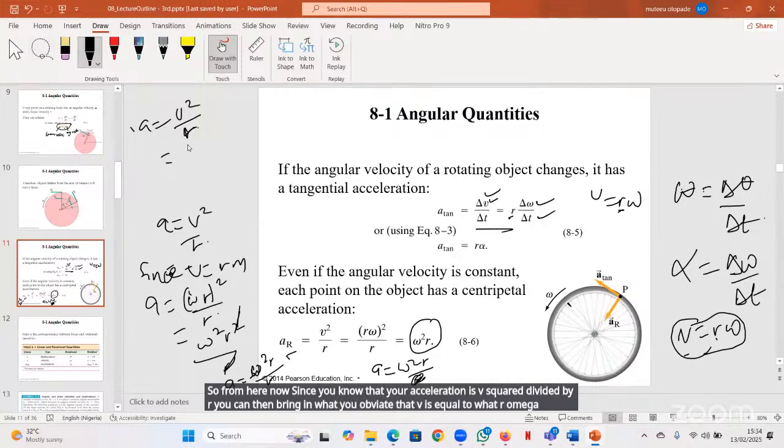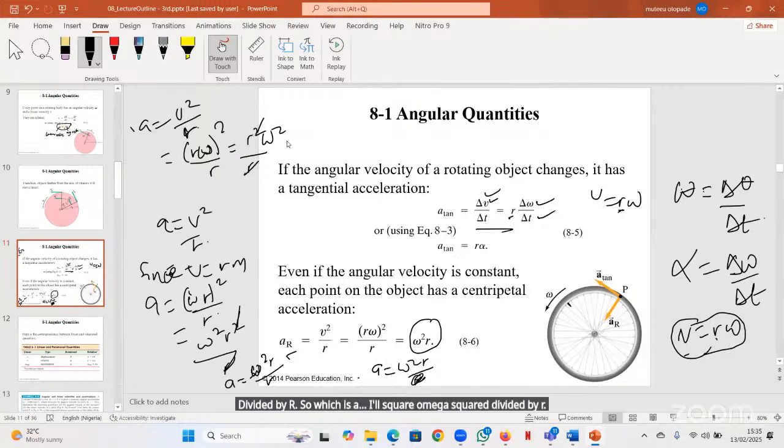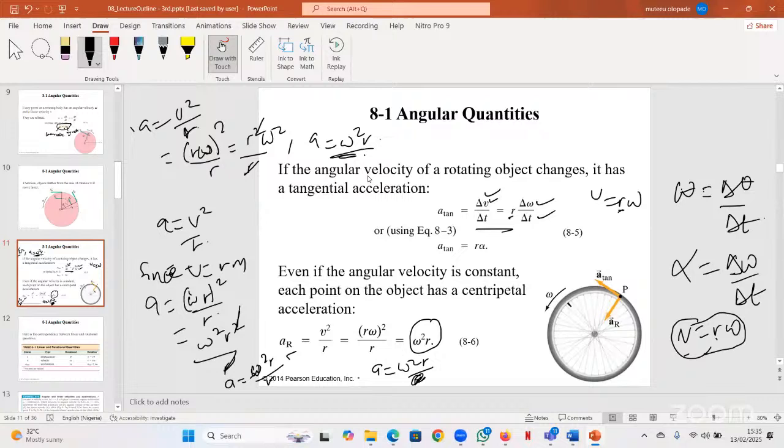You then have R omega squared divided by R, which is R squared omega squared divided by R. This cancels this. So your A will be equal to omega square R, and that is what we have here. Okay, sir. Thank you, sir.